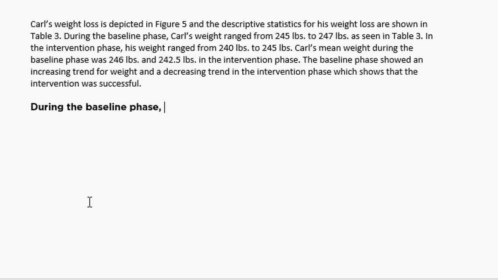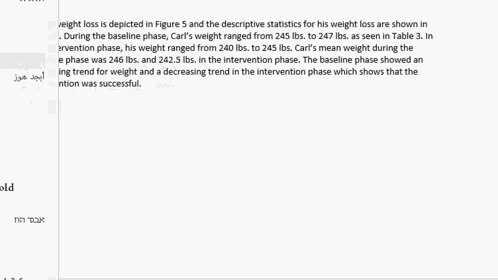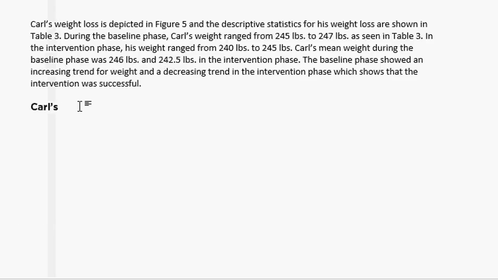Let's back it up and say average daily weight changed from baseline, mean equals, let's say it was 246.